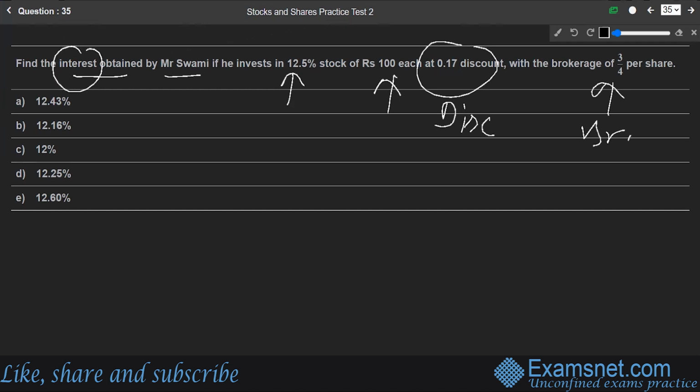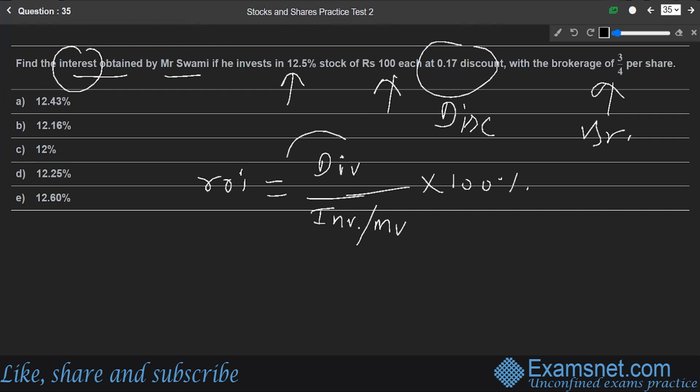So the rate of interest can be found out by, so let us write down the formula of rate of interest, that is found out by the dividend or the income divided by the total investment. Dividend or the income divided by the total investment, or we can write down that as market value or the cost of purchase of one share into 100%. This is how we find out the rate of interest.